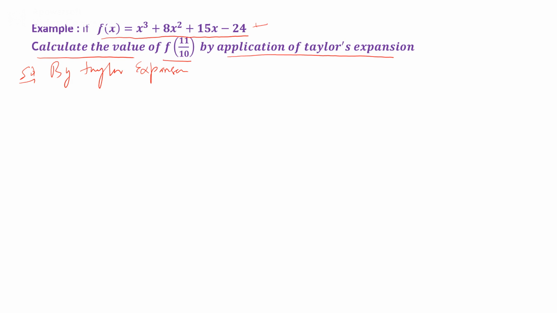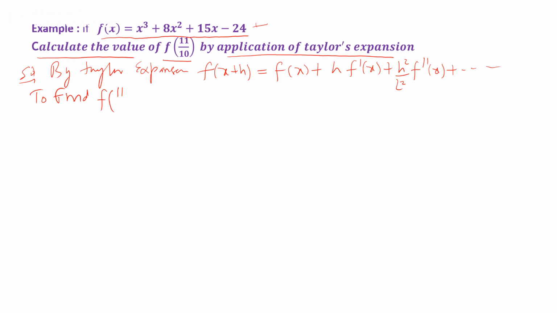Here we know the Taylor theorem or Taylor expansion: f(x plus h) equals f(x) plus h f dash x plus h square by factorial 2 f double dash at x, and so on. So we have to find f(11/10), the value of the function at 11 by 10, and that can be written as 1 plus 1 by 10.